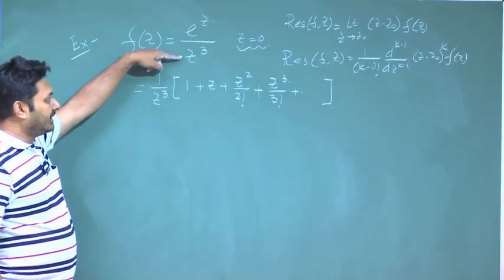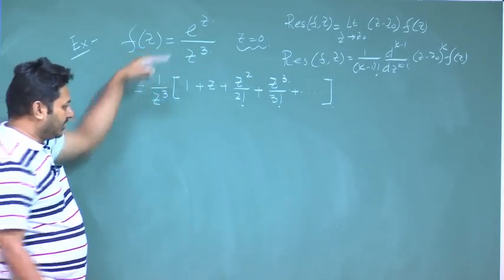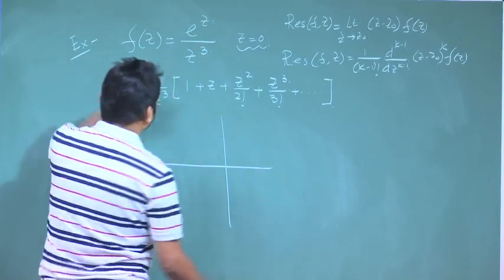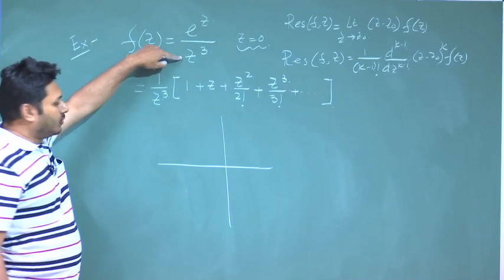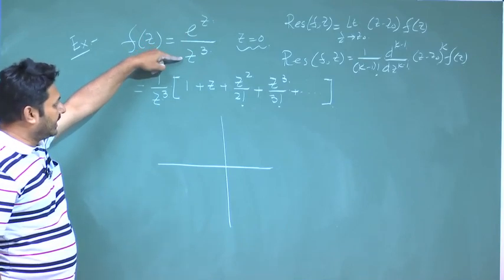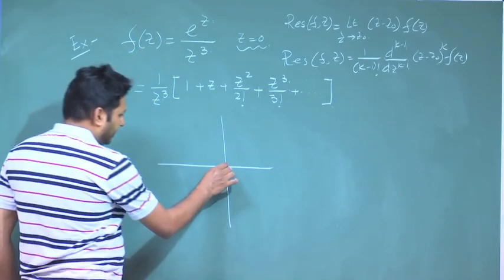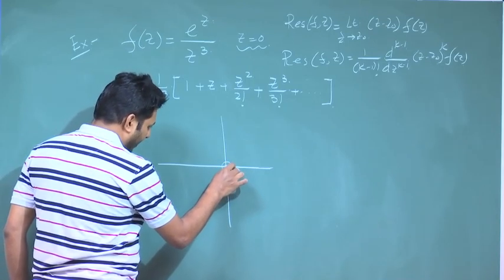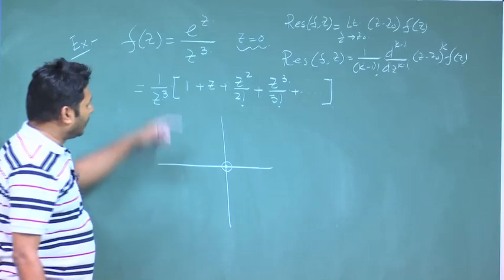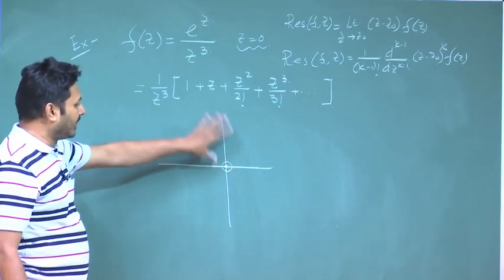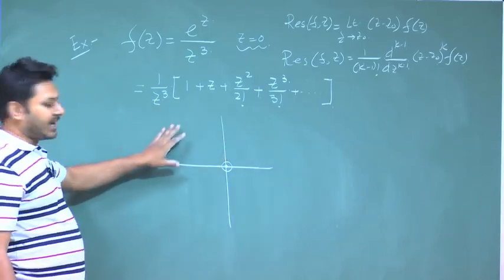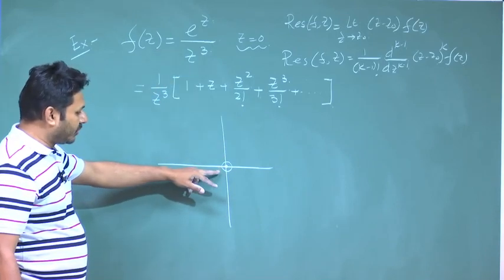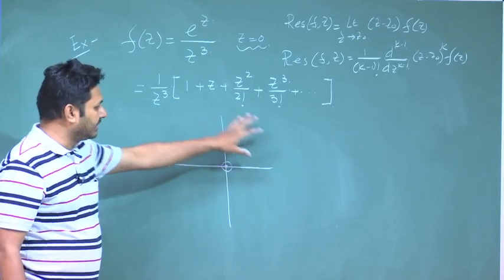Mind it, the singularity is around z equal to 0. So this function e to the power z is an entire function. So there is no singularity of this. We have a singularity of 1 by z cube here at the 0 point. So this is the point where we have a singularity. So I am excluding this point, I am trying to find out how the expansion is. Excluding this point, the function is analytic. The function is analytic except at the point z equal to 0. So I am expanding these things in this region.